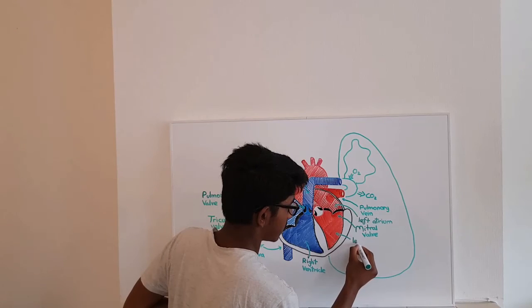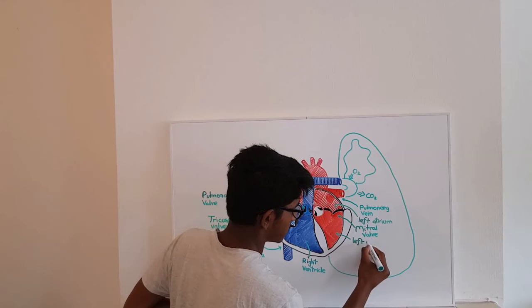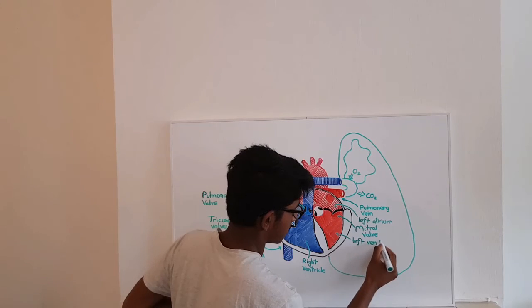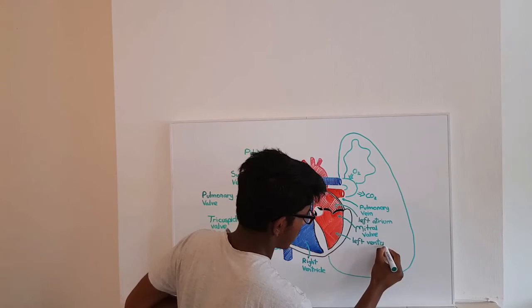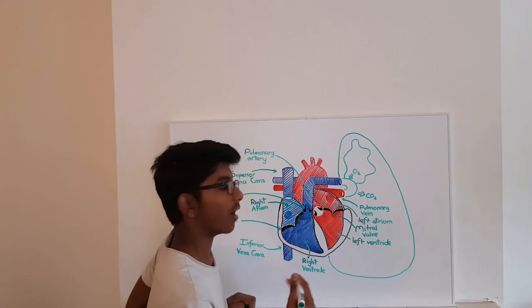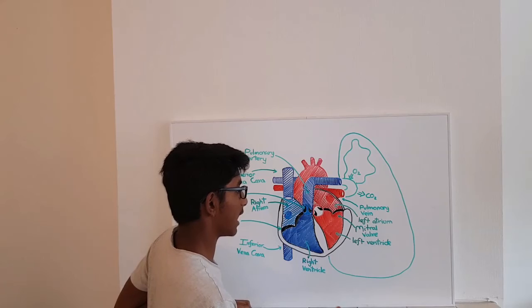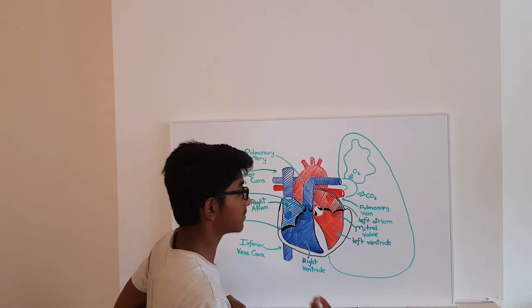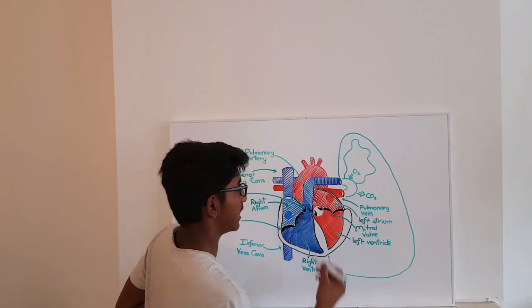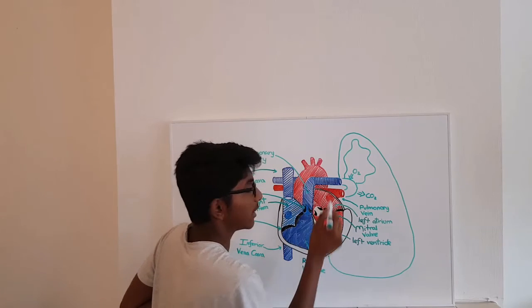The left ventricle. And this is actually the strongest chamber of the heart, in fact. And the left ventricle pumps the oxygen-rich blood into the aorta.